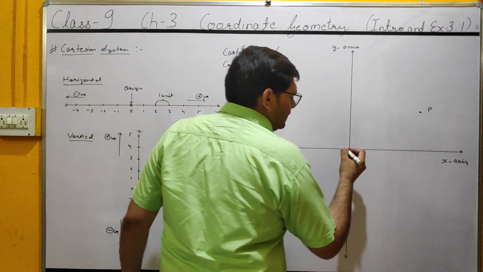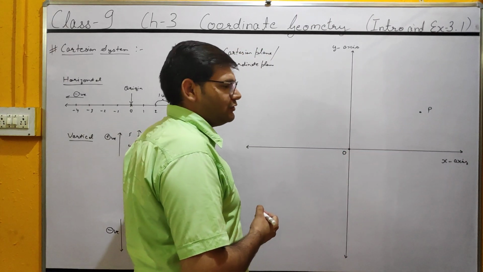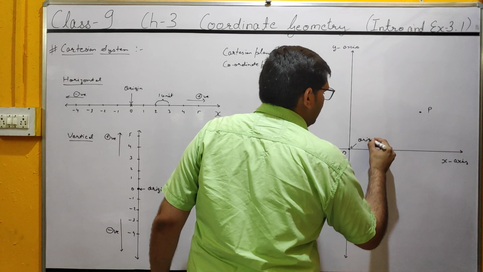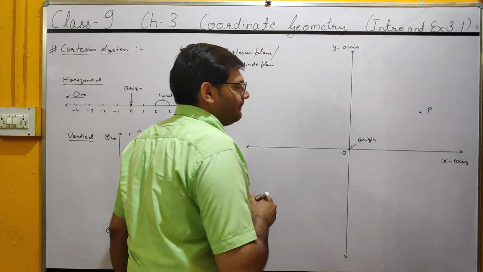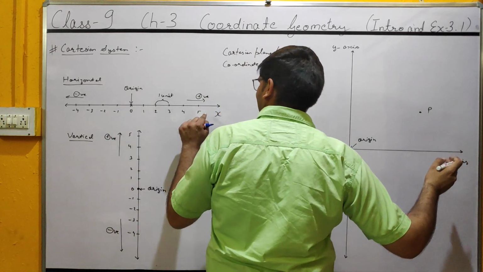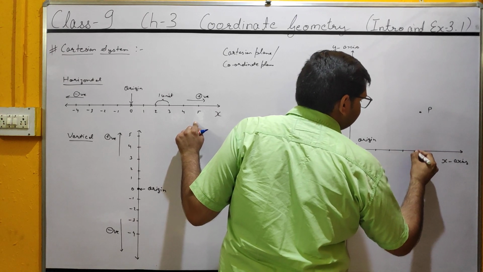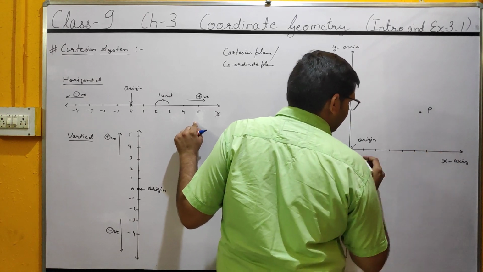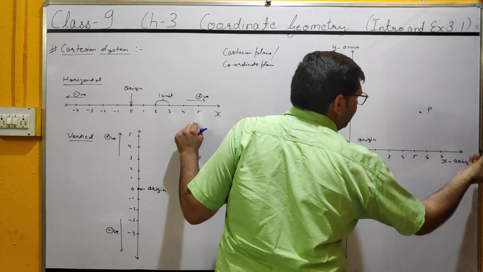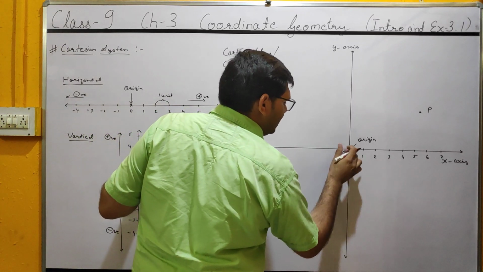Moreover, the point where they intersect each other is the origin, that is 0, and towards the right side, all the numbers are positive, like 1, 2, 3, 4, 5, 6, 7 and so on. And towards the left side, all negative.